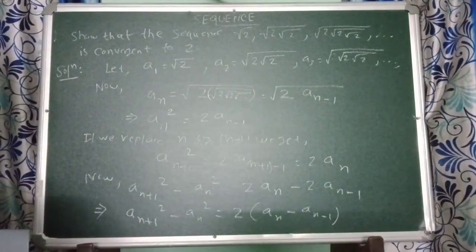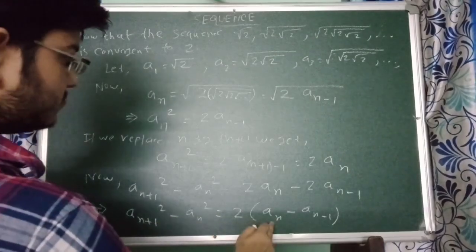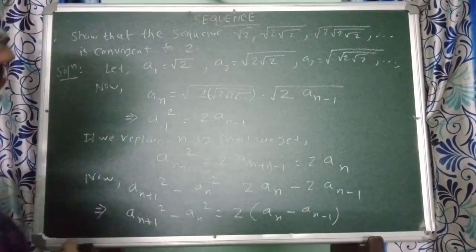So we have a_{n+1} squared minus a_n squared equals 2 into (a_n minus a_{n-1}).